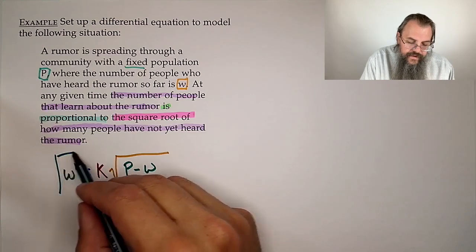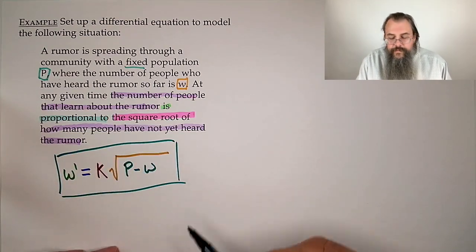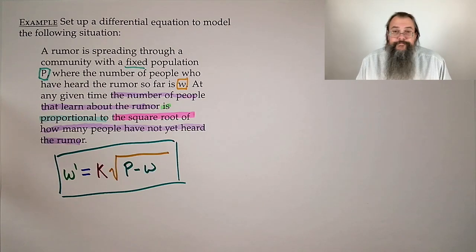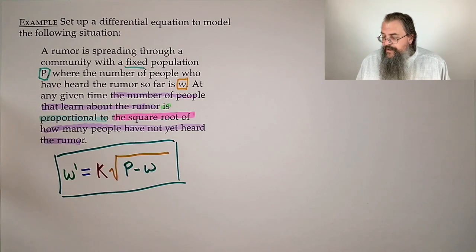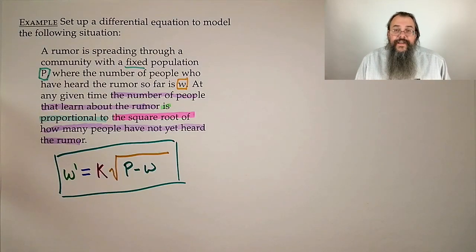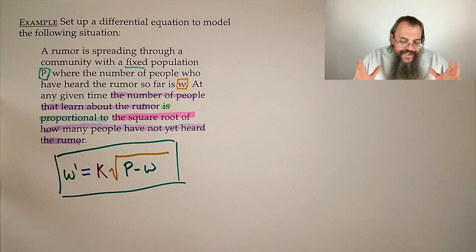Now, this is a differential equation, by the way, where we weren't told any initial values. That's okay. Sometimes we don't have initial values. But we have the right differential equation. And there you go. See, it's not so bad. So don't be intimidated by word problems. Word problems are not meant to punish you.